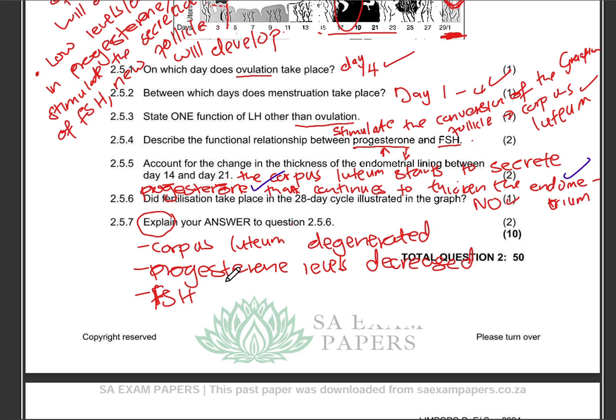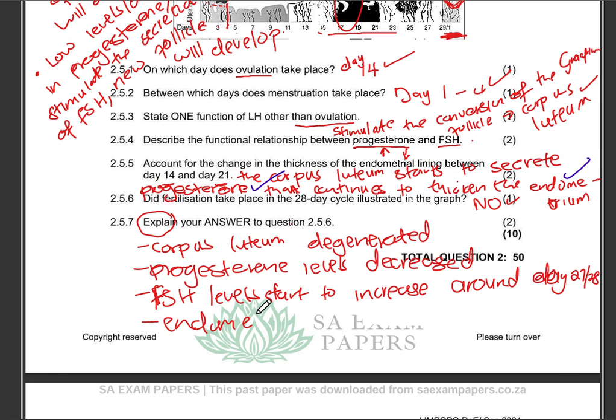This is a capital letter F. FSH levels start to increase around day 27, day 28. The LH levels decrease, the endometrium breaks down. You can talk about the endometrium breaking down. All right, that's it.